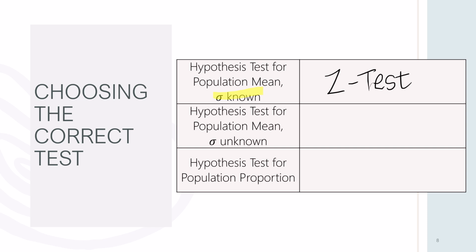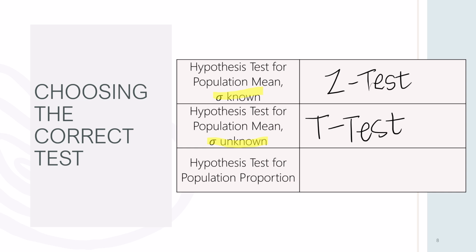Speaking of t-test, if you're doing a hypothesis test for a mean and your population standard deviation is unknown, that's when you do a t-test. And then lastly, just so you have some exposure to these last type of hypothesis tests, I'm going to show you how to do a hypothesis test for a population proportion.